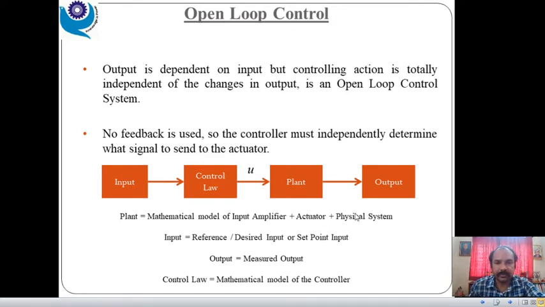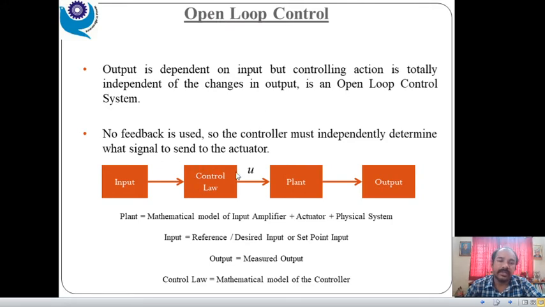So in open loop, see, there is no feedback at all. In open loop, output is dependent on input, but controlling action is totally independent of the changes in output. That is an open loop control system, isn't it? Very simple. There is no feedback as such when we give the input.